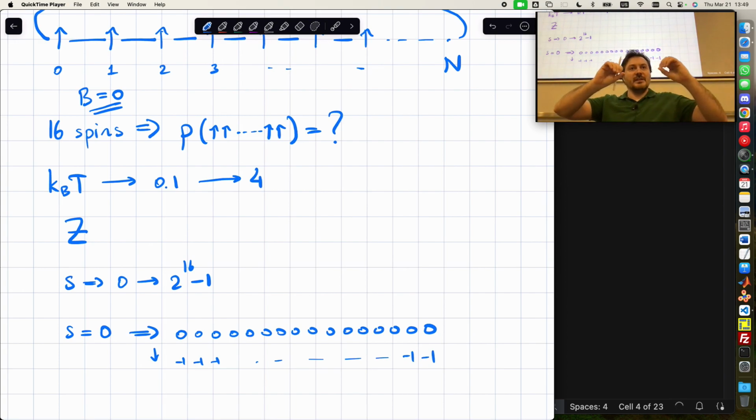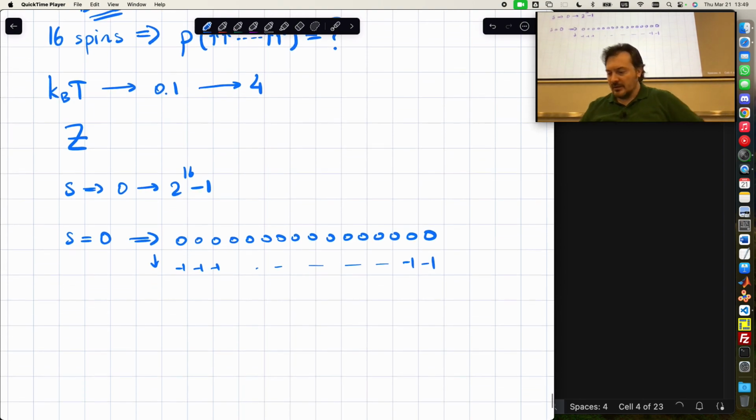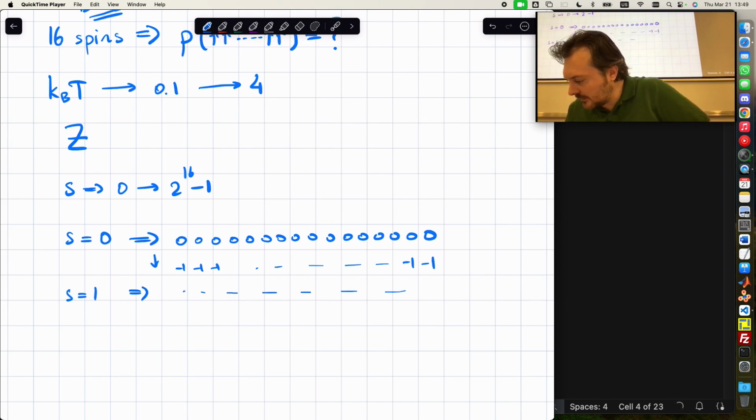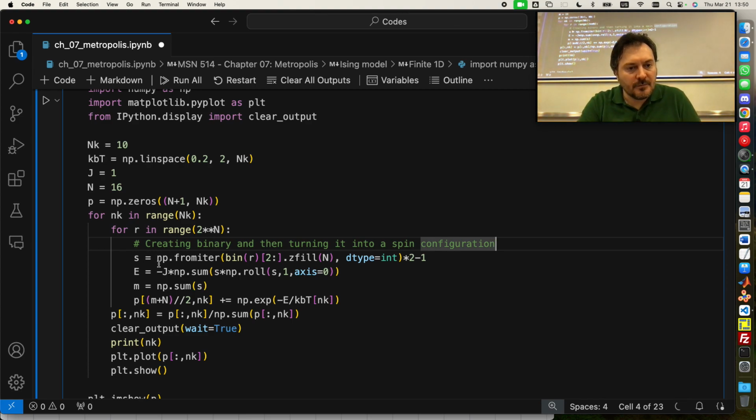This is the first, 0th state. Are you with me? When S is 1, it's the same thing except for a 1 at the end. And I turn it into minus 1, and so on, minus 1, 1. I just turn zeros to minus 1 and 1s remain. So far, so good? So I have all the possibilities. And for each possibility, can you tell me what this line is doing?